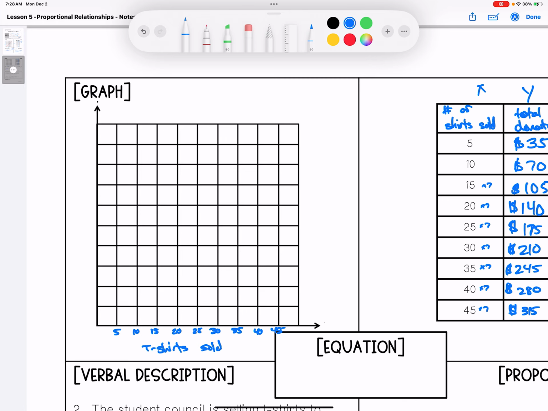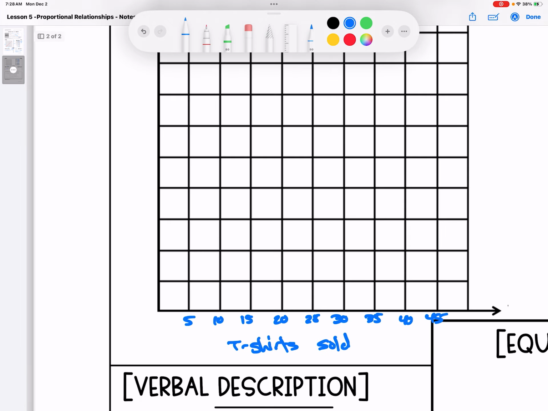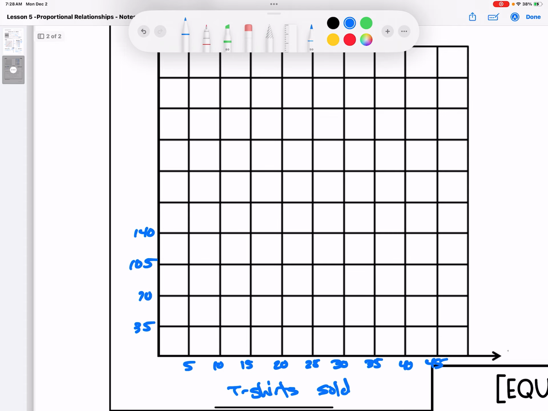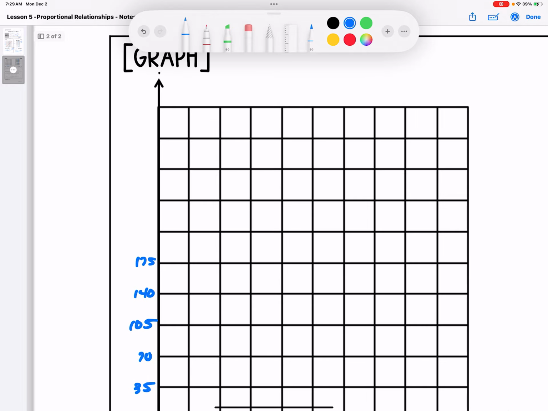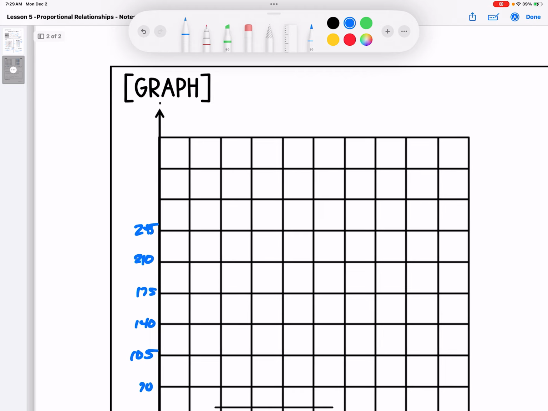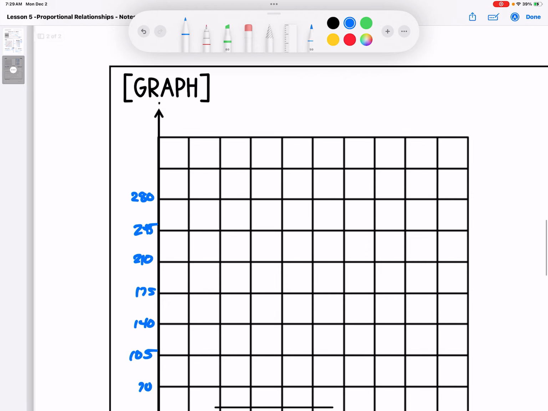All right, and up top, side, Y, I'm gonna go by 35s. 105, 140. Now, notice I'm not gonna put the money sign on the graph here because when we're dealing with graphs, we don't put the money sign. We know it's money. When we put the answer, we will put the money sign, but we do not put the money sign on graphs.